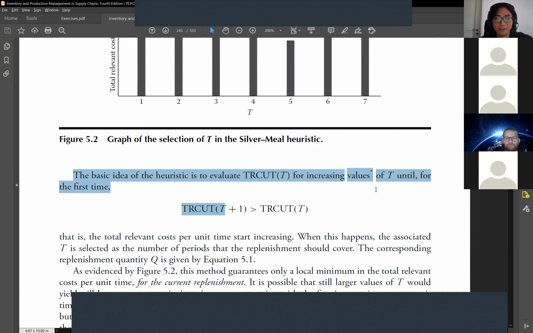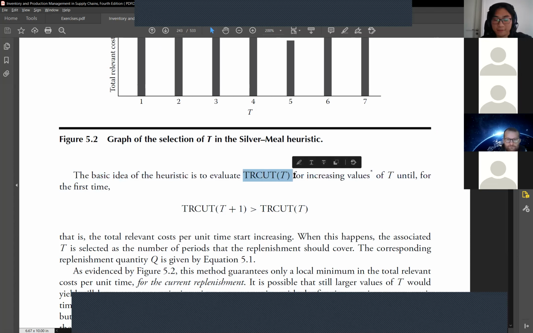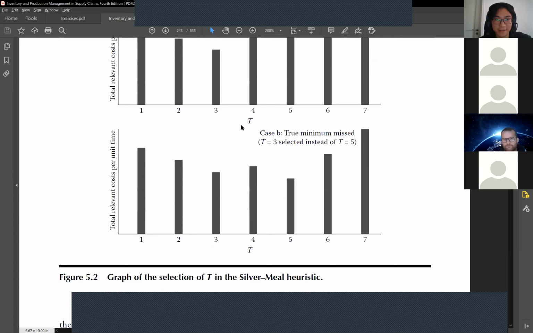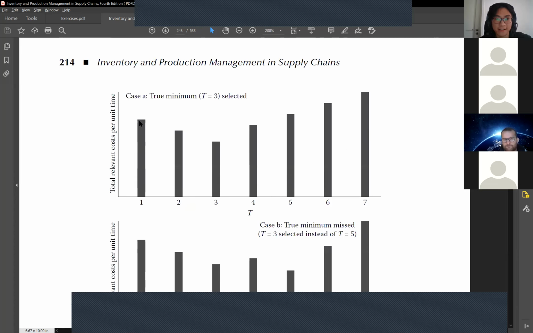The basic idea of the heuristic is to evaluate the number that we are calculating iteratively for several times from 1, 2, 3, 4, but you stop when it increases for the first time, which is indicated here. You see that in the example here, it is decreasing from t equals 1 to t equals 2, and it's decreasing again, but it is increasing for the first time from t equals 3 to t equals 4.